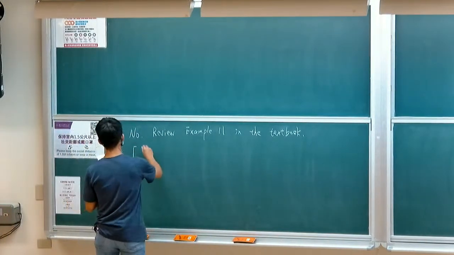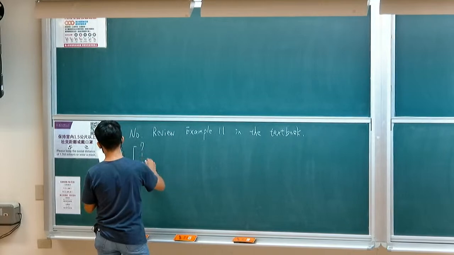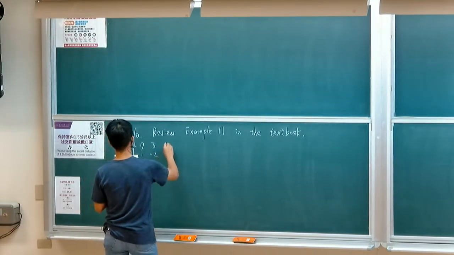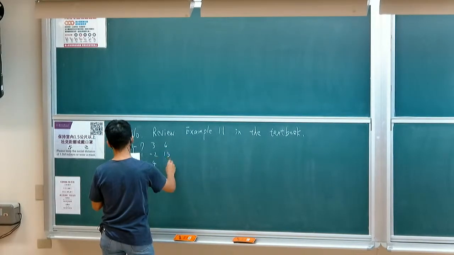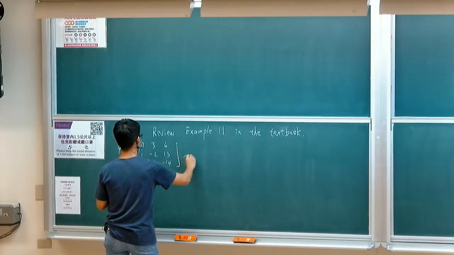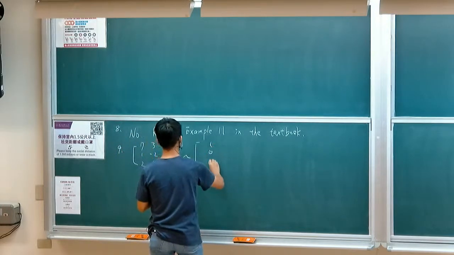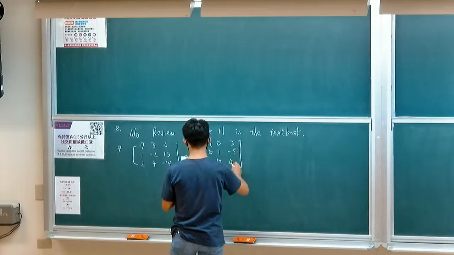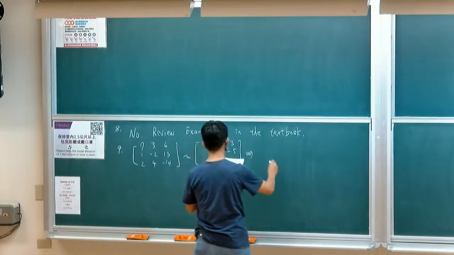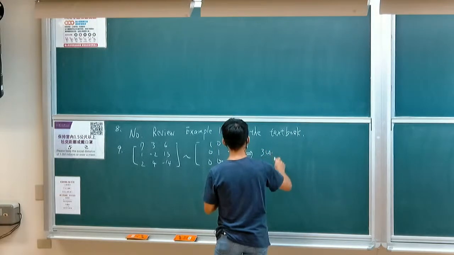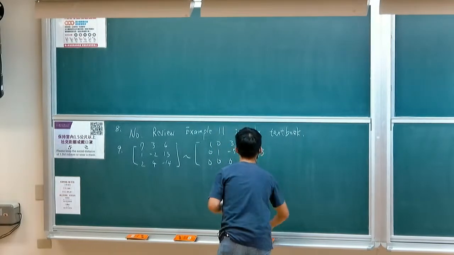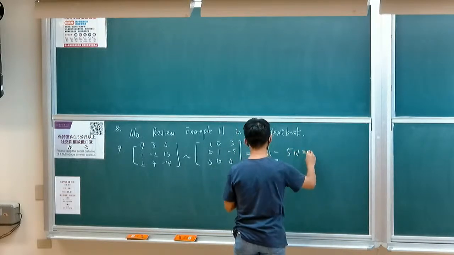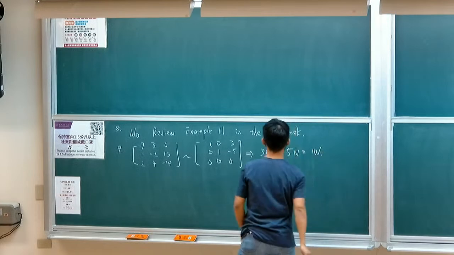Okay, first we find the relation between these three vectors. So it gives us 3u minus 5v equals w.